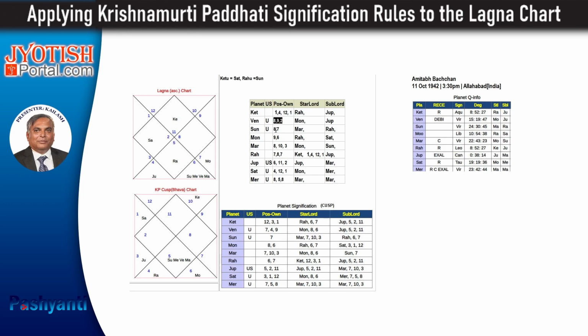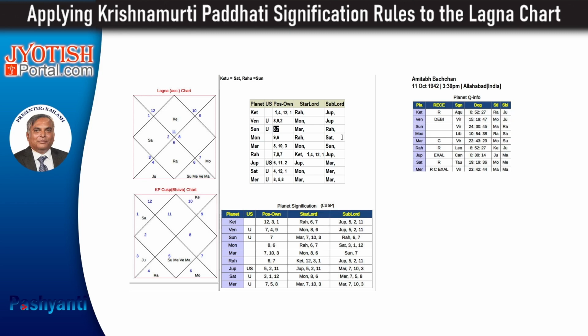Sometimes when you manually populate these tables, some of the unique things about the planet come to your notice. For example, you don't find Venus anywhere in the star lord because of course it is untenanted, and not even in the sublord. These all have some special meaning in Krishnamurti Paddhati.